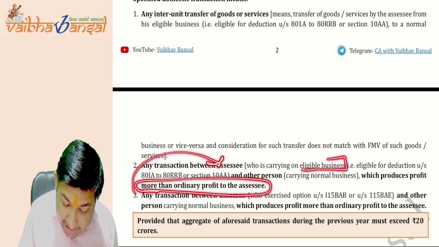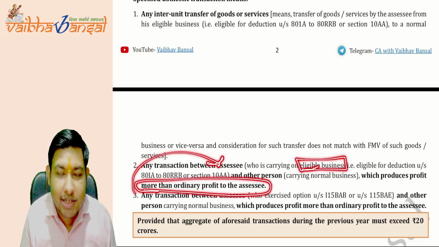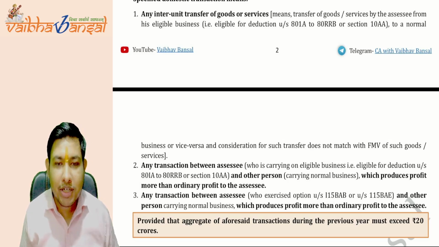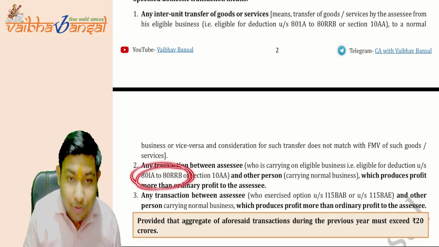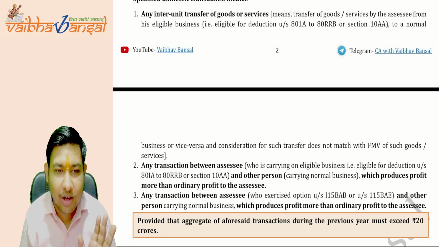Assessee is who? The eligible business. For the eligible businesses under section 80IA to 80RRB or 10AA, you will get a 100% deduction of your profits. These are the profit-linked deductions where you'll get 100% of the deduction.